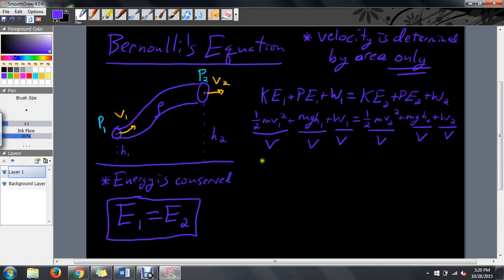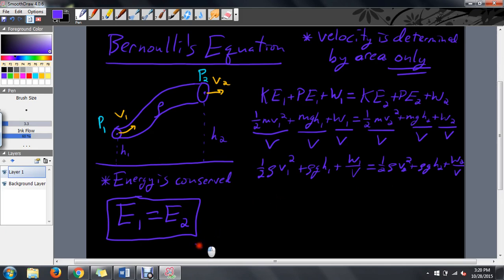So the mass over volume becomes 1/2 rho v1 squared plus rho gh1 plus work over volume equals 1/2 rho v2 squared plus rho gh2 plus work 2 over volume. So here's the almost end of Bernoulli's equation.